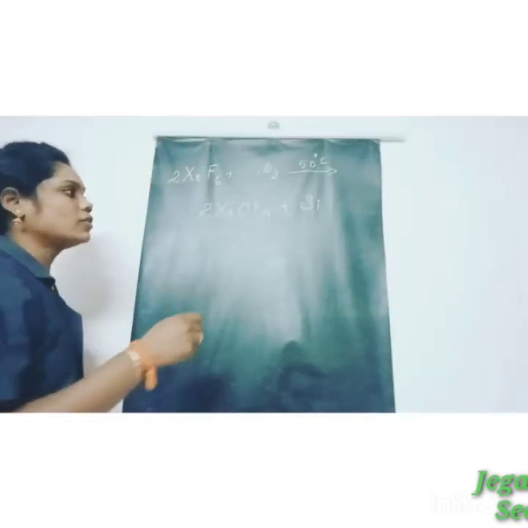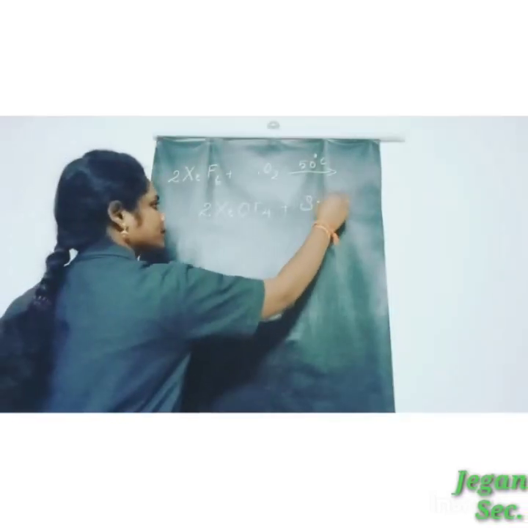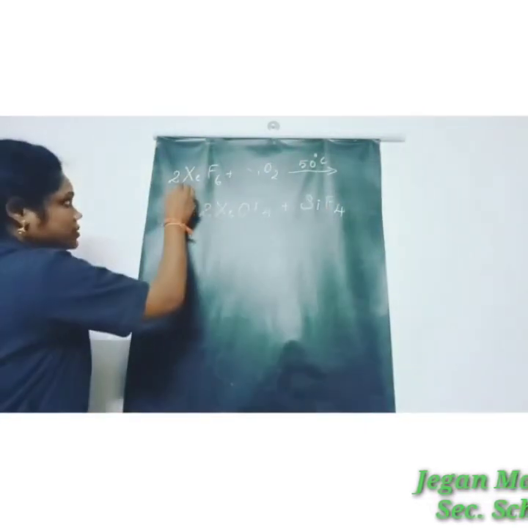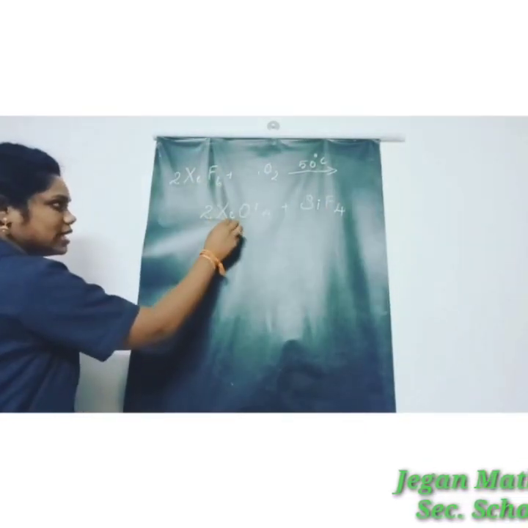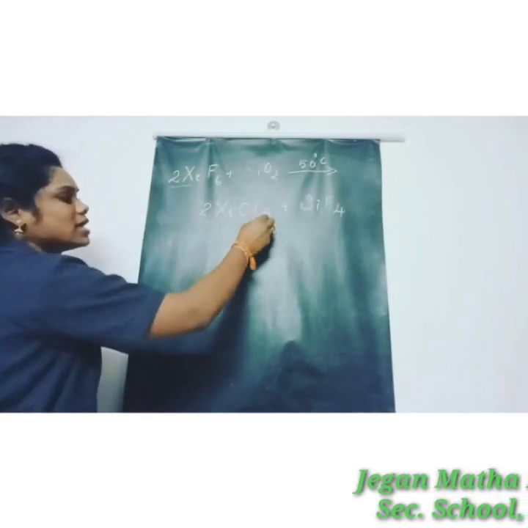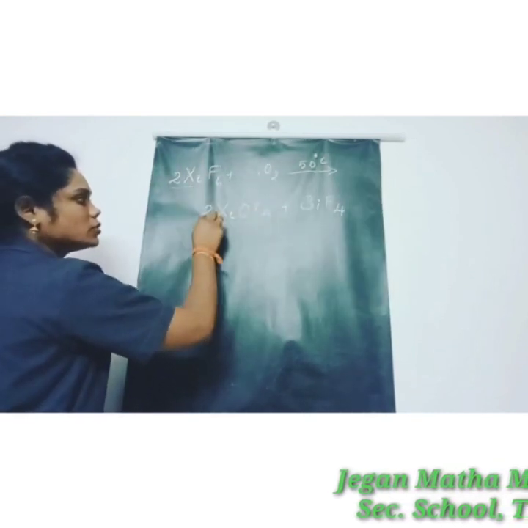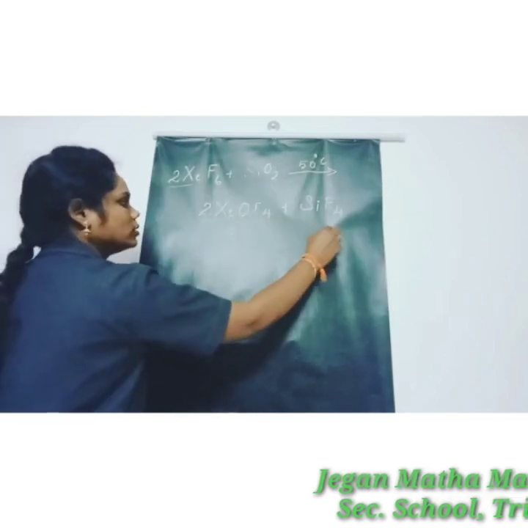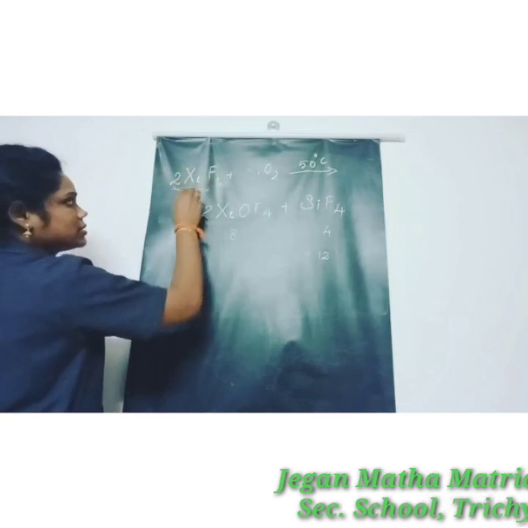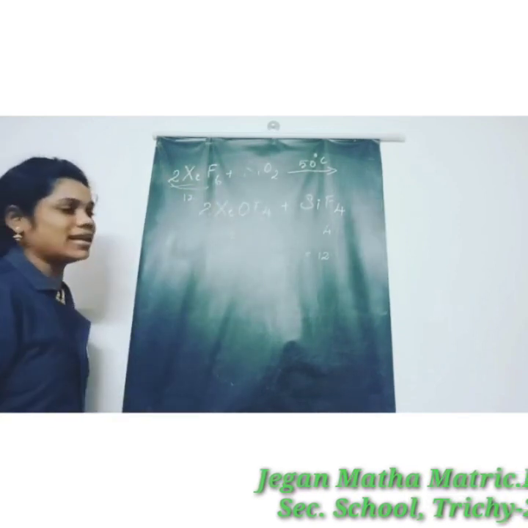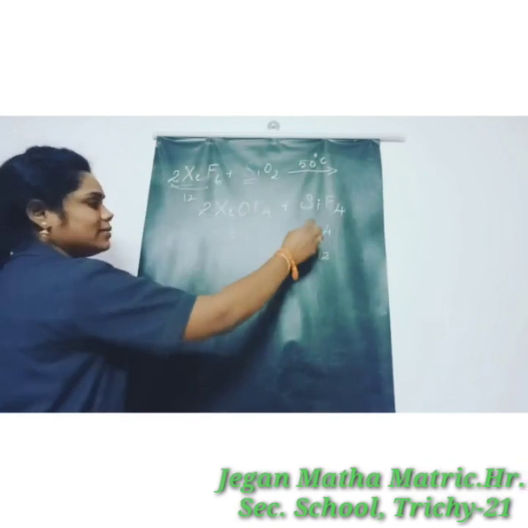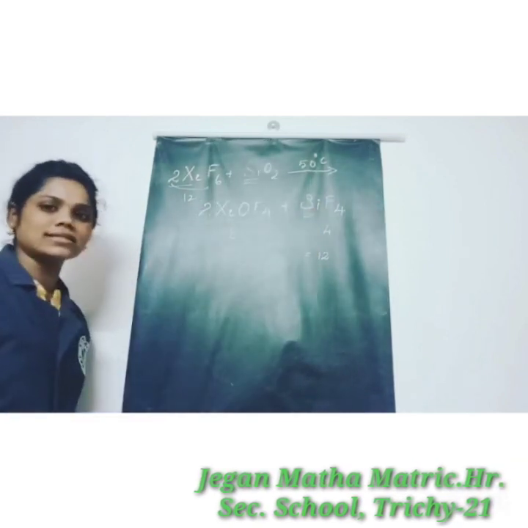So remaining fluorine is 4 times. So now the equation is balanced. Xenon 2 times, so here also xenon 2 times. Oxygen 2 times, so here also oxygen 2 times. And fluorine 4 2s are 8 and 4, so totally 12. So here fluorine 6 2s are 12. So fluorine also balanced. And next one is silicon. Silicon here 1 time, so here also silicon is 1 time.